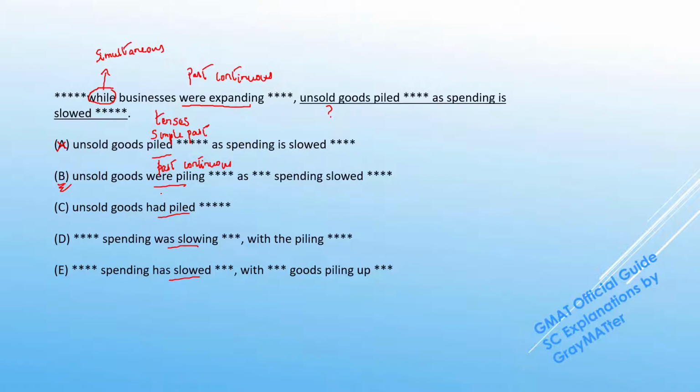Now C says unsold goods had piled. Now this is the past perfect tense. The past perfect tense cannot be used here because this tense is generally used to talk about an action that is complete in the past relative to another later action. For example, we can say, I had eaten dinner by the time you called.